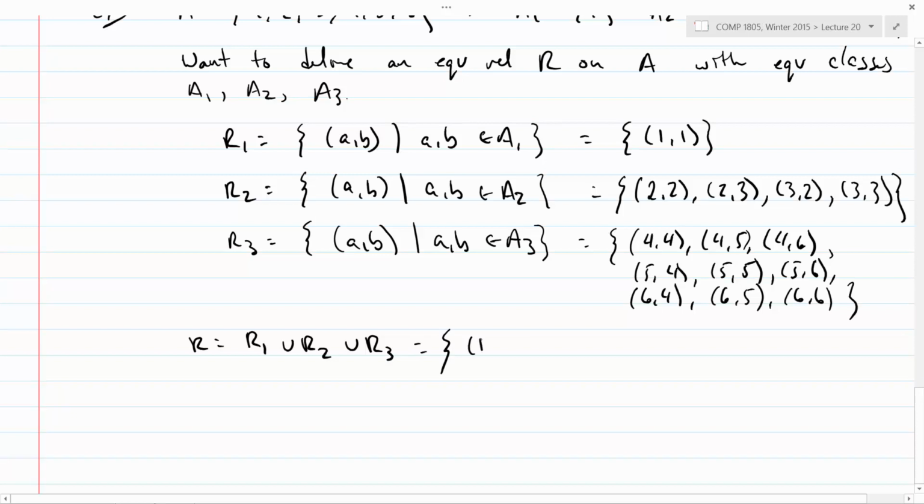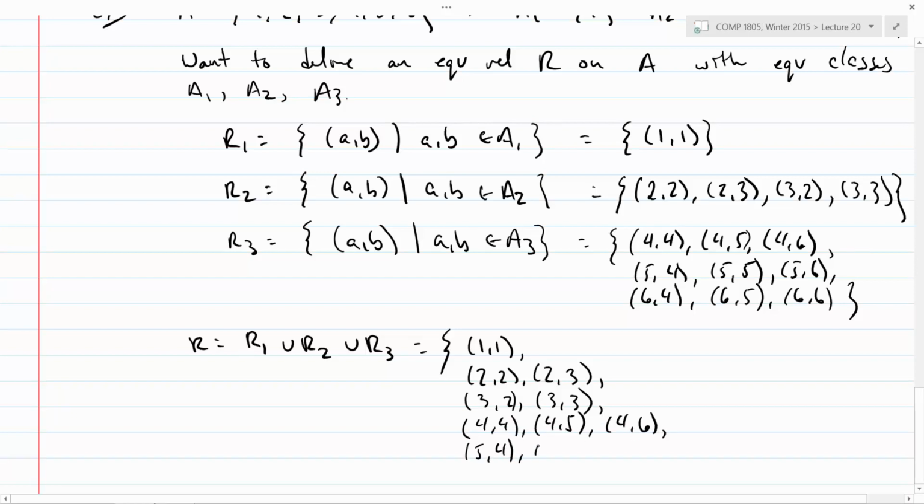So that's (1, 1), (2, 2), (2, 3), (3, 2), (3, 3), (4, 4), (4, 5), (4, 6), (5, 4), (5, 5), (5, 6), and (6, 4), (6, 5), (6, 6).